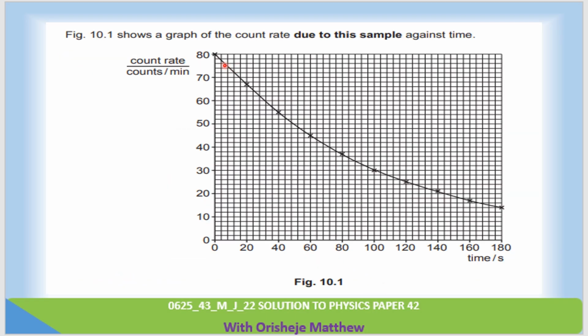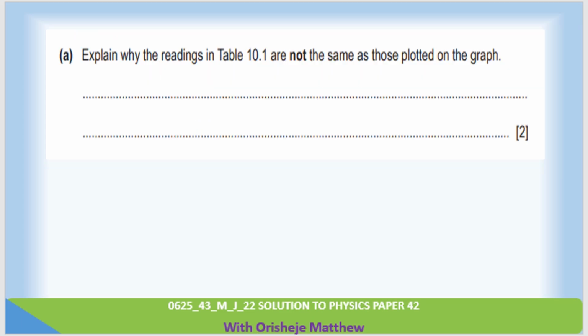So we have this 88. Explain why the readings in the table are not the same as those plotted on the graph.